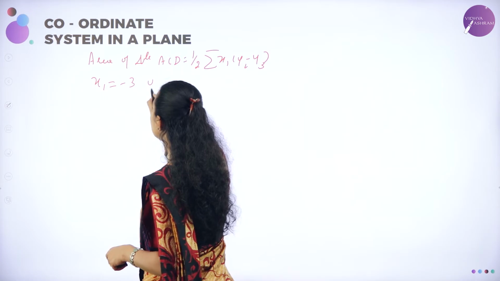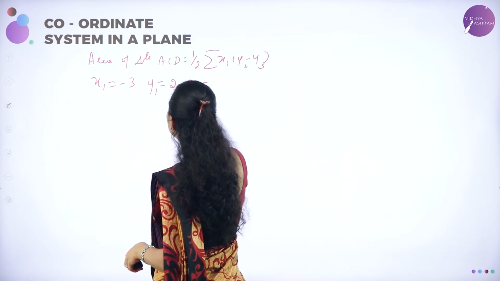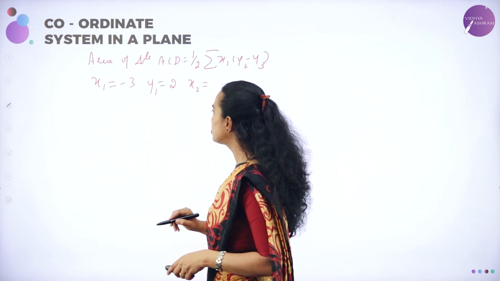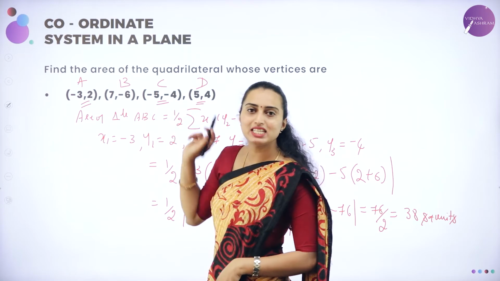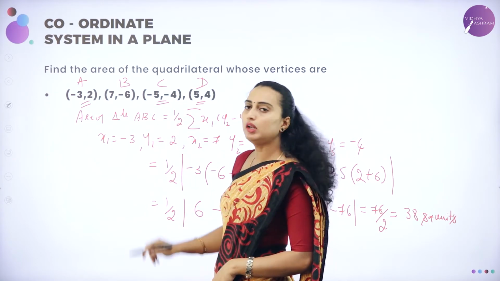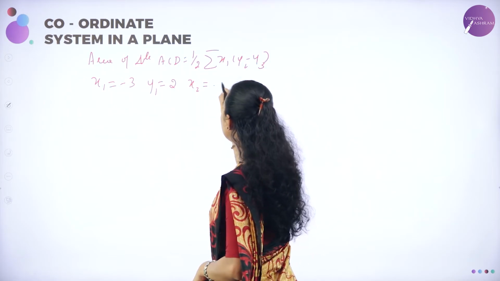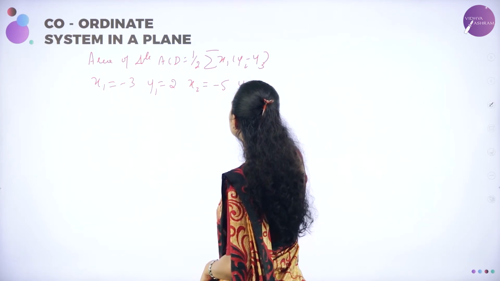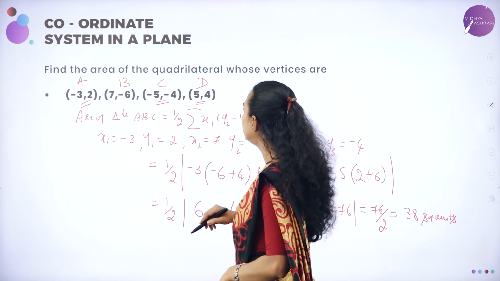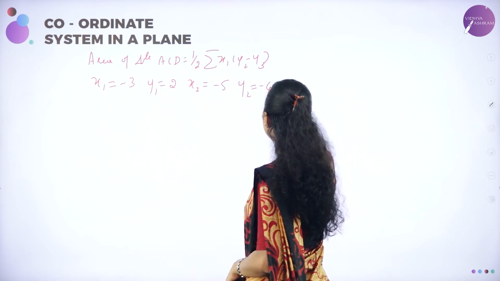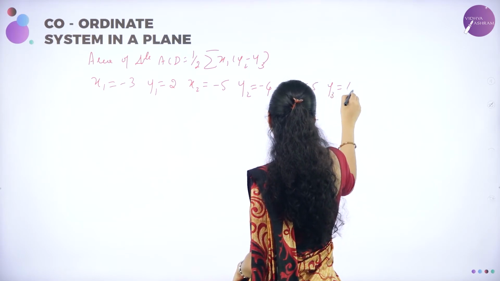Sorry, x1 is minus 3 and y1 you are going to get as 2, and x2 you are going to get as, what is x2 point? x2 point you have to move to C, because A, C, D we are calculating. x2 will become minus 5 and y2 will become minus 4. Then D point is x3, y3. What is the D point? 5, 4. So x3 is nothing but 5 and y3 is nothing but 4.